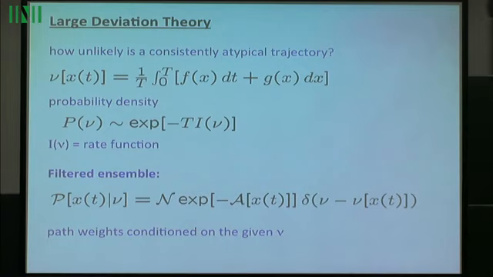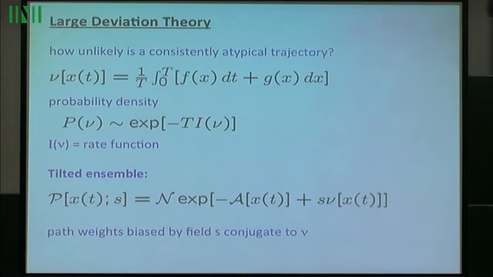But there's an alternative, which is part of the structure that emerges from this large deviation theory, which is to construct what's called the tilted ensemble rather than the filtered ensemble, and that's basically to stick a Lagrange multiplier in here. So e to the minus, or e to the plus in this case actually, s times nu. So I get my ordinary path weights, I multiply each by an exponential in the thing I want to actually constrain.